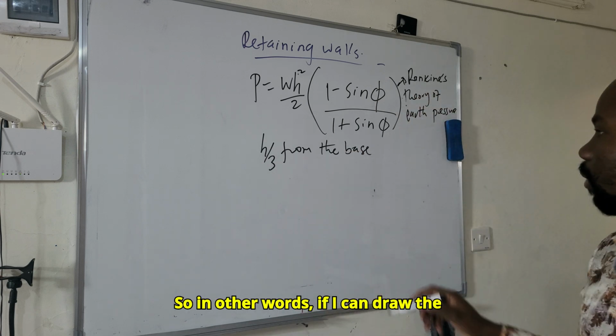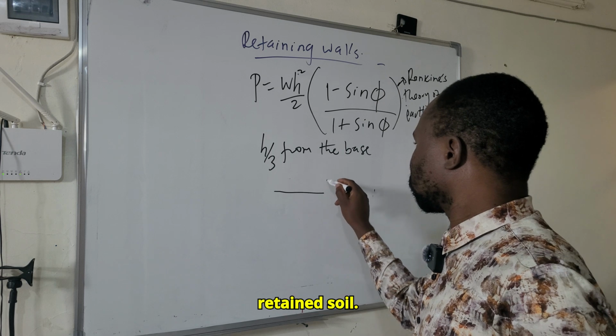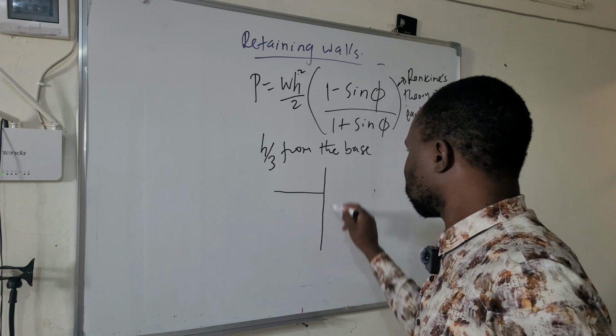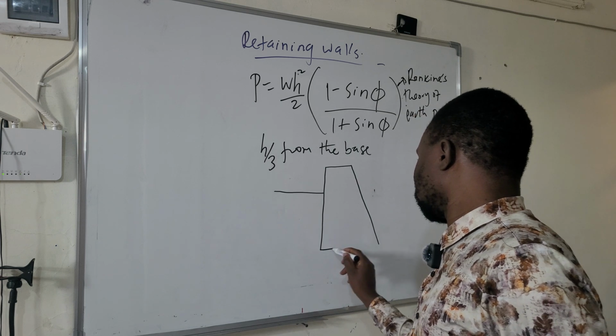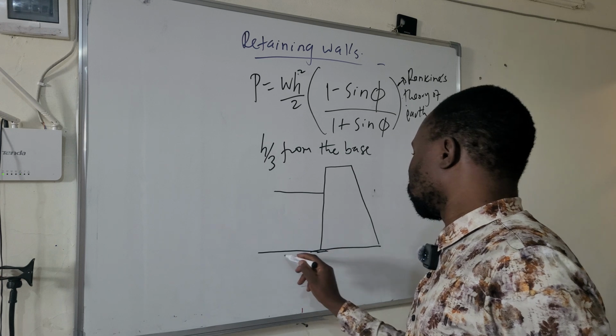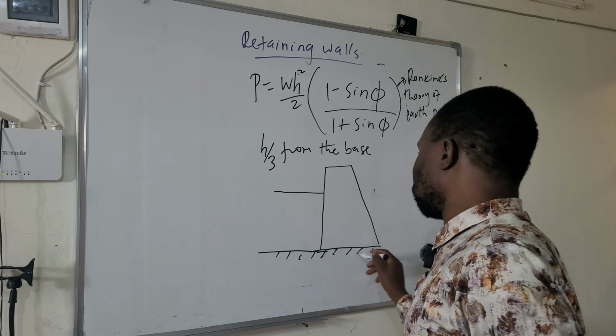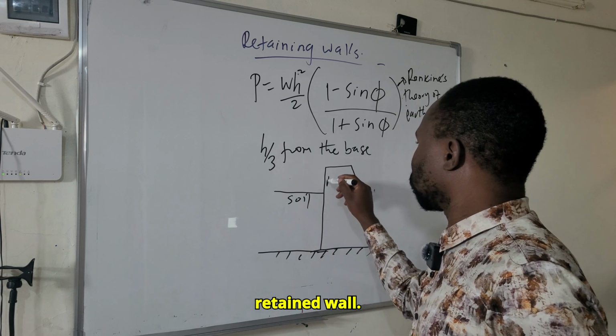So in other words, if I draw the retained soil, this is the soil and this is the retained wall.